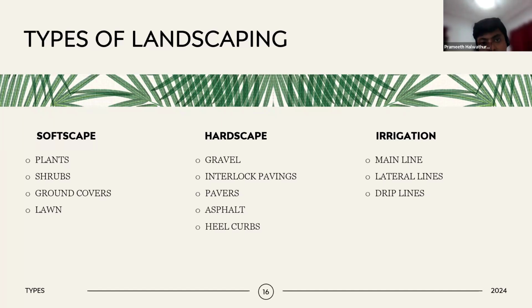For that, you must have an idea about what the elements in landscaping are. You must know about these things. When I came to landscaping, I didn't know about it. That's why we added these things to our contents.